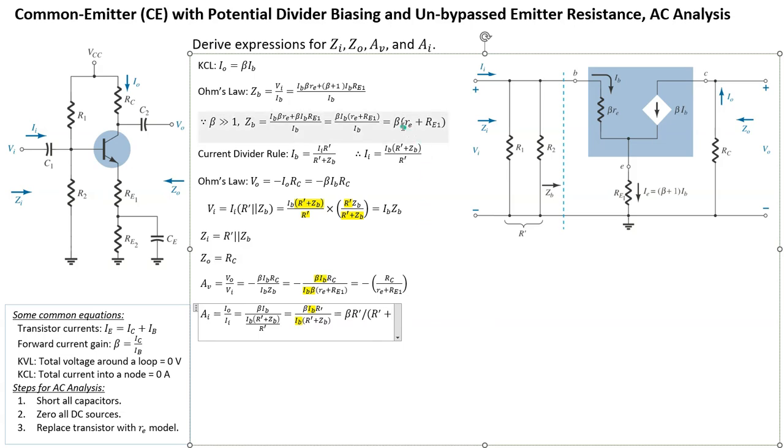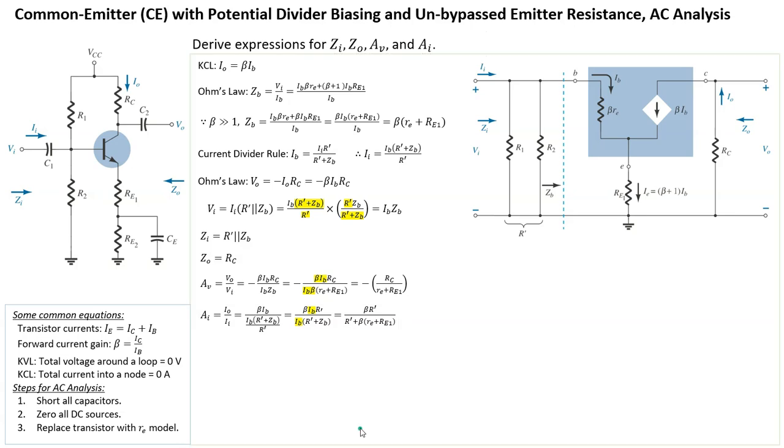ZB is this term here, so let's copy that. The beta doesn't cancel out because there's an R prime term at the bottom. So this is the final answer for AI.